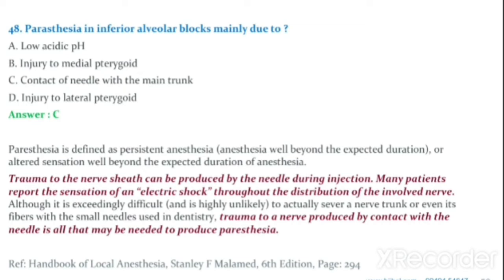You get the paresthesia in the inferior alveolar blocks mainly due to contact of needle with the main trunk.